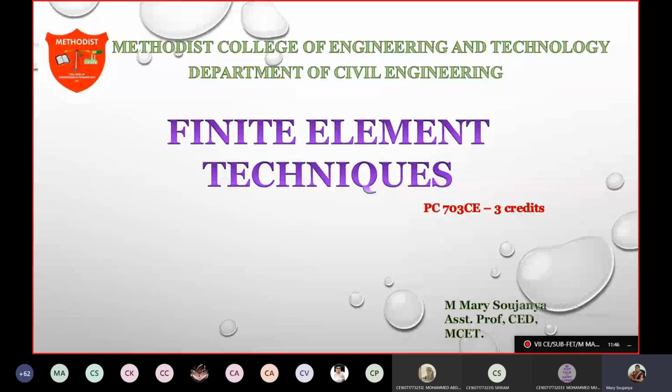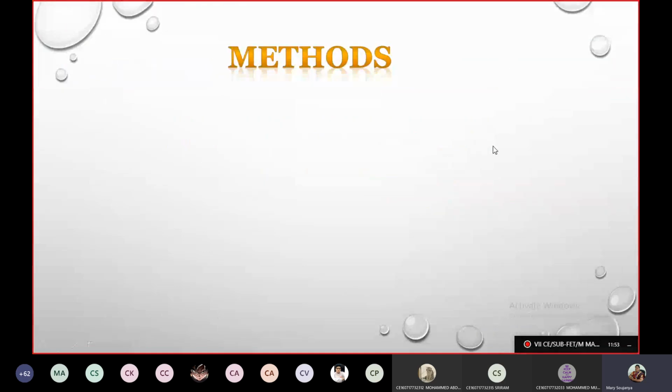So today we are going to see the methods that help us in formulating the equations, the access for the solution. How exactly do we formulate for particular nodes or any particular structure? What are the methods that we have?